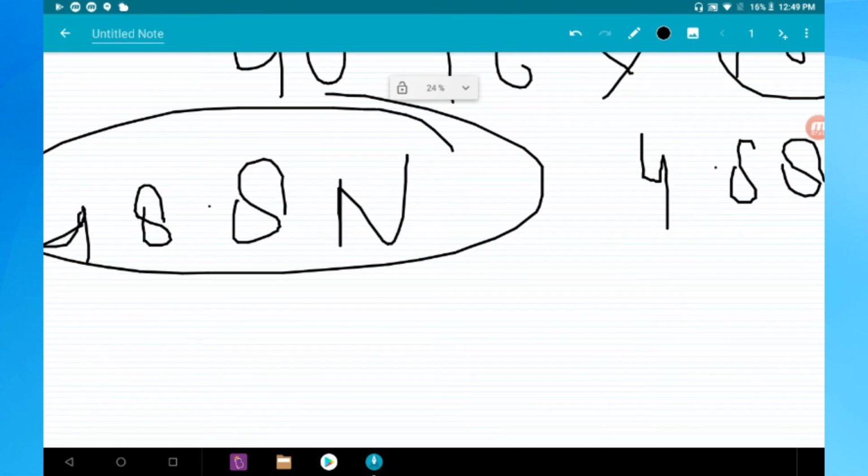We got 48.8 newtons for the 5 kilo object.